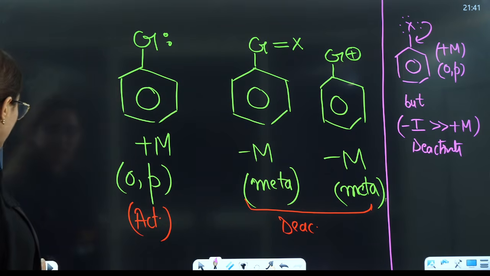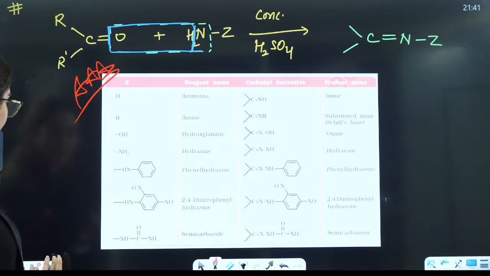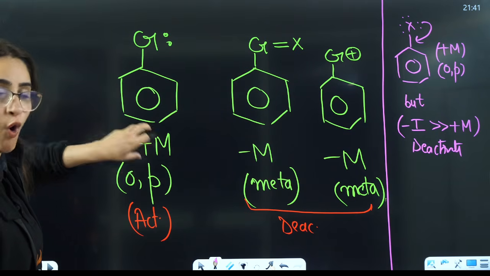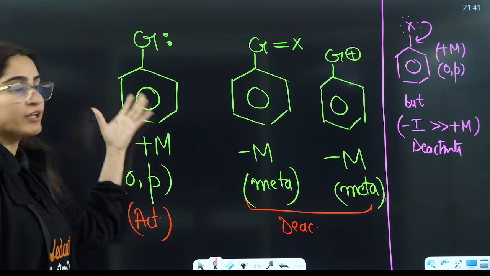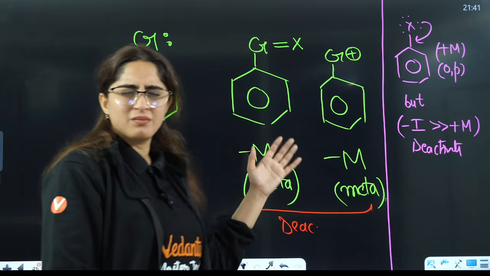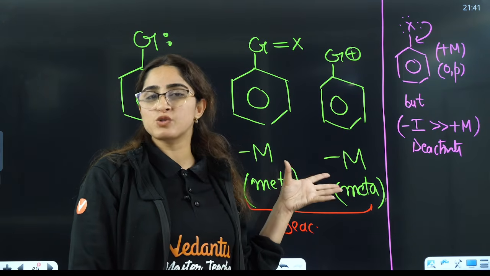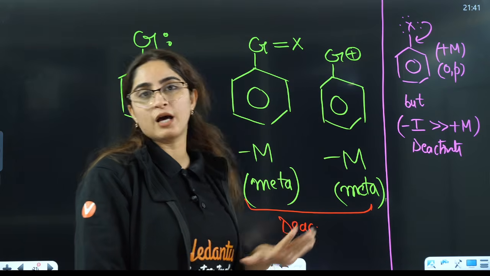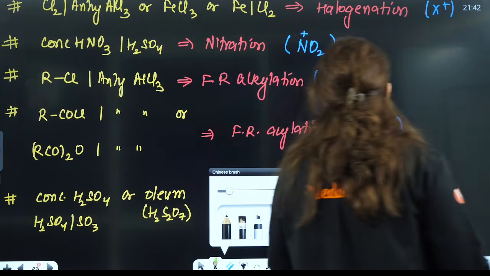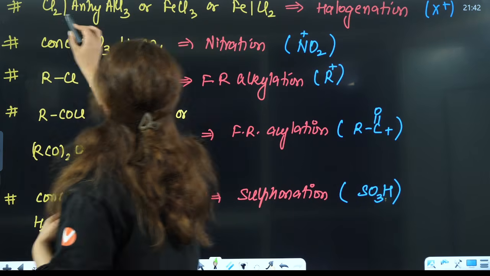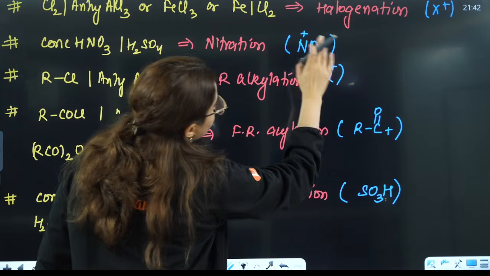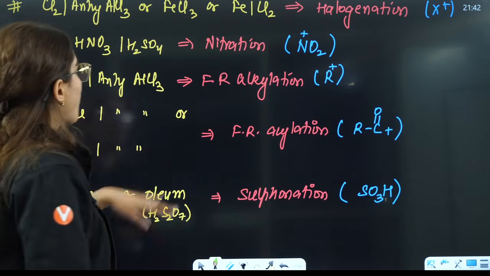Okay, so now whenever an electrophile is attacking, if you have anything like this, it will show ortho-para directing, at ortho and para positions. Like for example, phenol and aniline will give you ortho-para products. Benzaldehyde and benzoic acid will give you meta product. Okay, but how is the electrophile generated? Let's see that. If you have Cl2 and anhydrous AlCl3, that will produce halogenating agents, that is X positive.